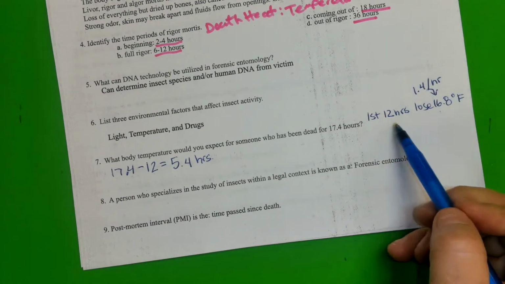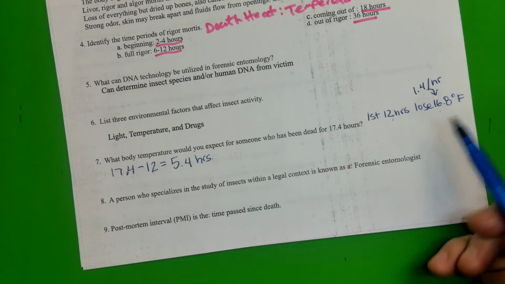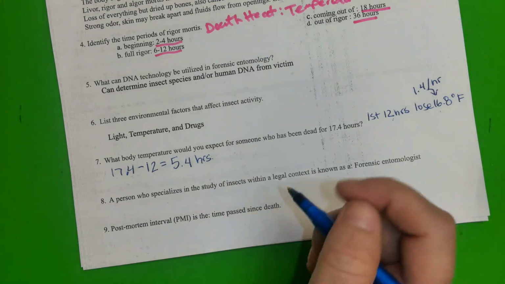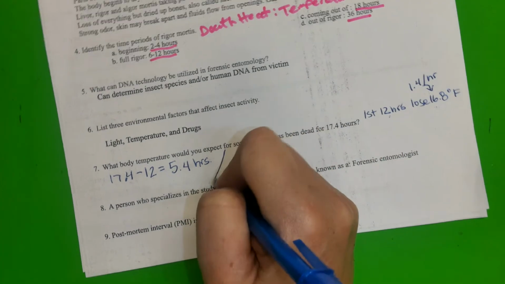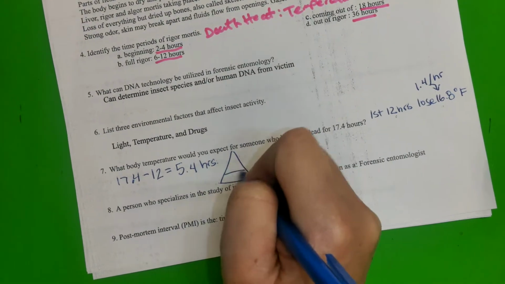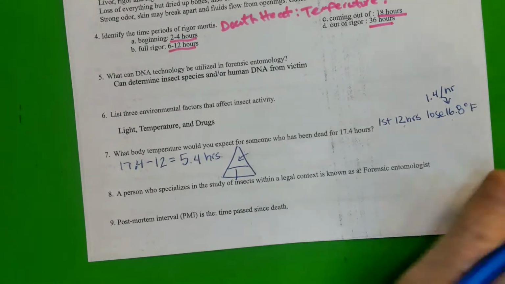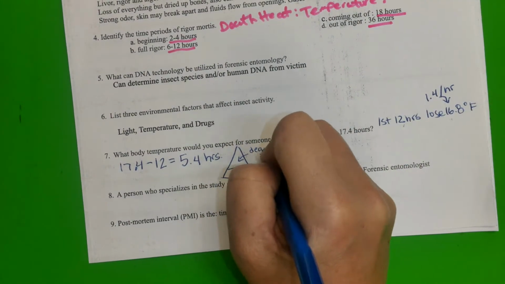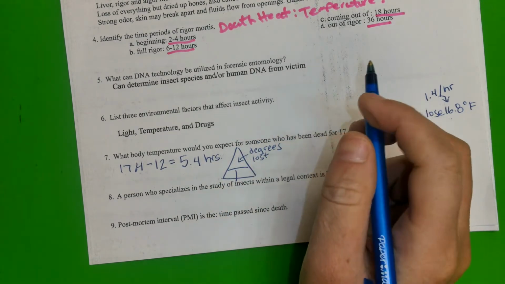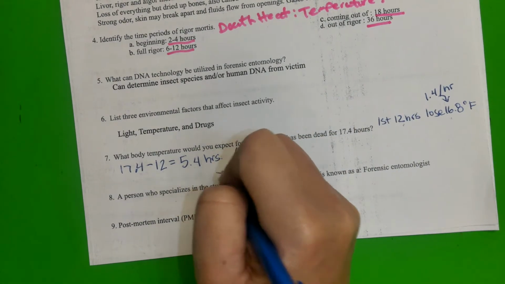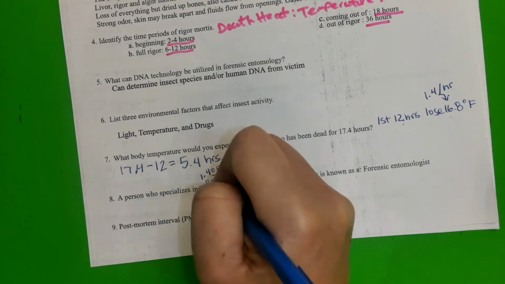That is 1.4 per hour for the first 12 hours. After that it is 0.7. I don't know if you guys remember the triangle. I like using the triangle. The triangle goes like this. This is the one we need to figure out, the degrees lost, and then this is the 1.4 or 0.7.